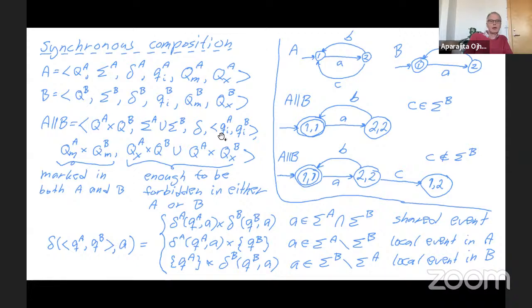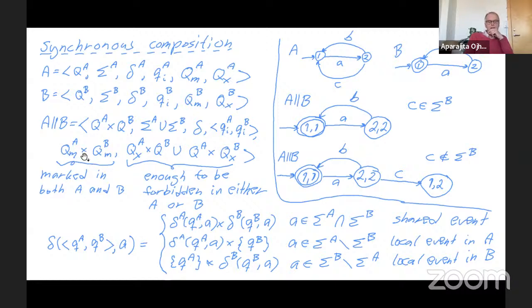Then the initial state is the combination of the initial states in the first and in the second automata. So in our case here, the state 1 in A and the state 1 in B generate the initial state in the synchronous composition.